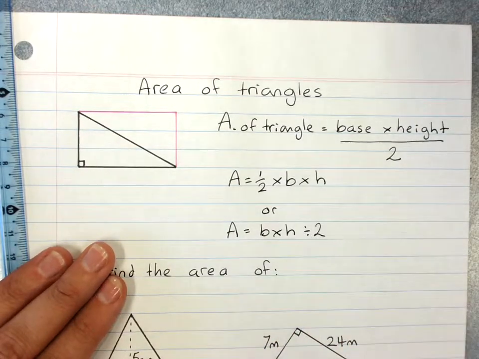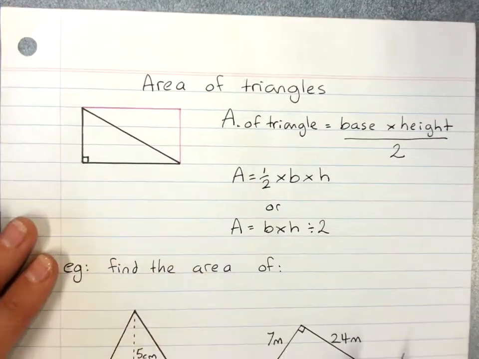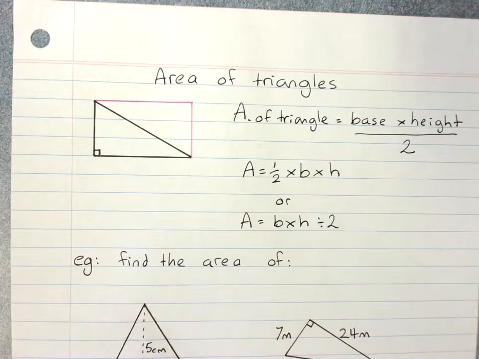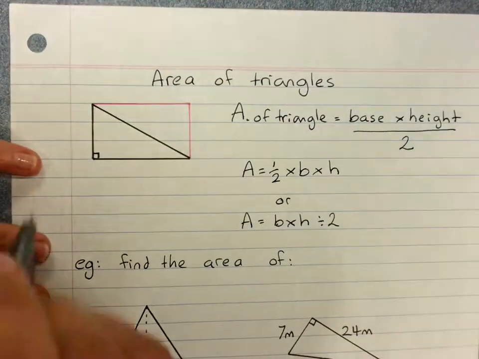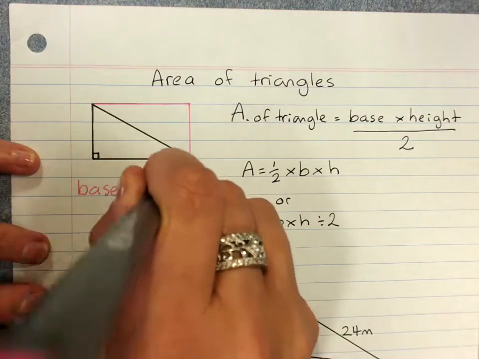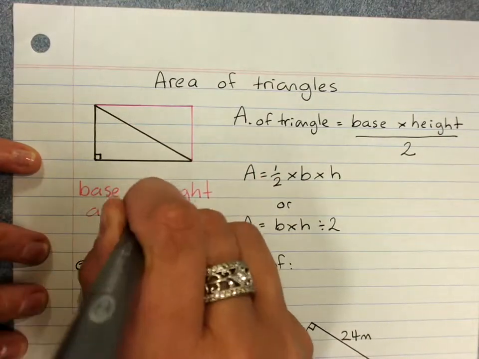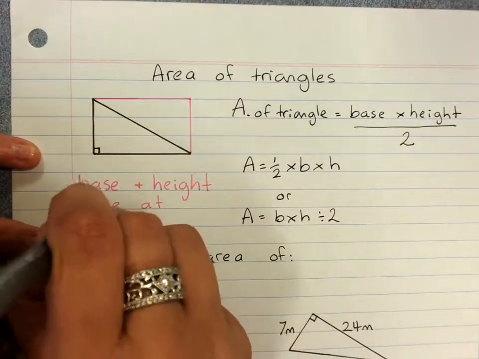Now, the only tricky thing about triangles is working out which is the base and which is the height. And the rule that you must know is that base and height are at right angles.